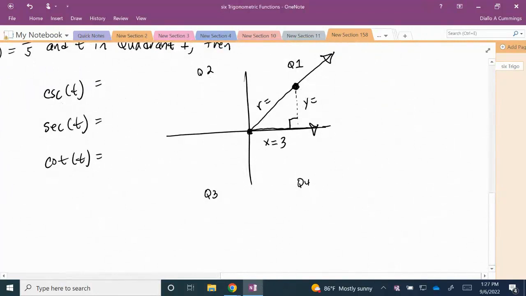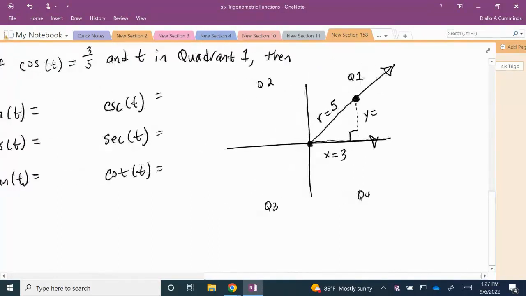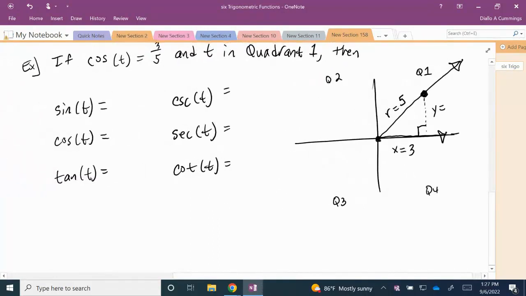So x is 3 and r is 5. So I know that my cosine value, which was given, is 3/5. I can also find the reciprocal of cosine, which is secant. So the secant value is 5/3.